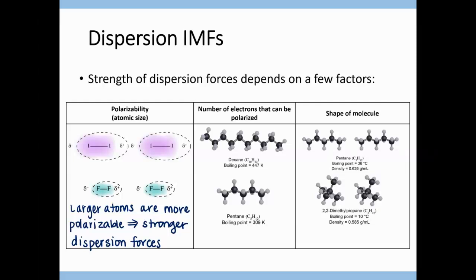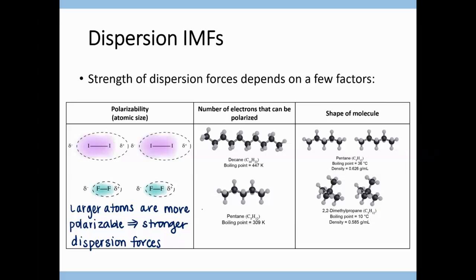Decane, larger molecule, more atoms, has a boiling point of 447 Kelvin. Pentane is 309 Kelvin. So fewer electrons, weaker dispersion forces, lower boiling point, requires less energy to break those intermolecular forces.